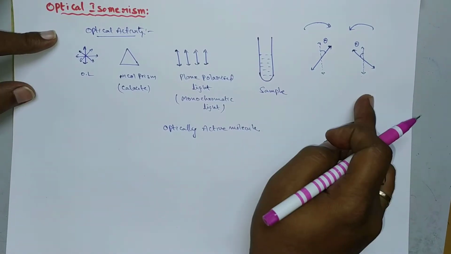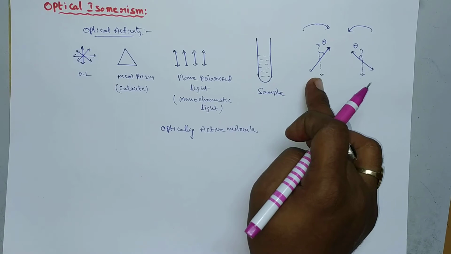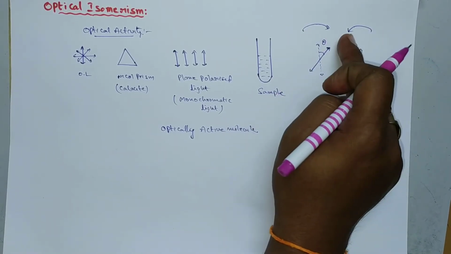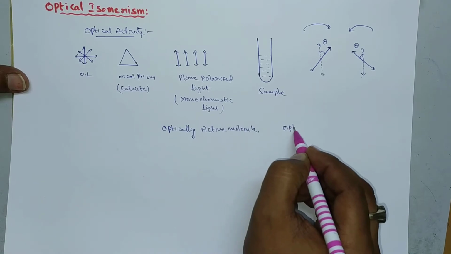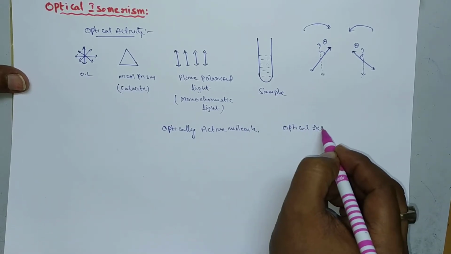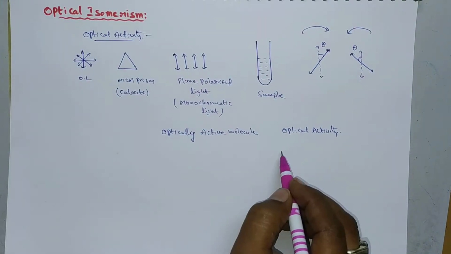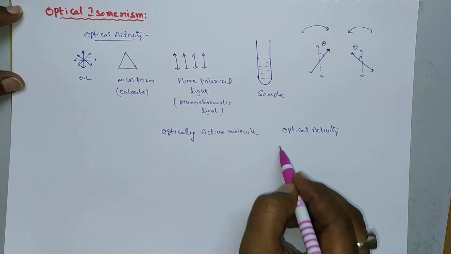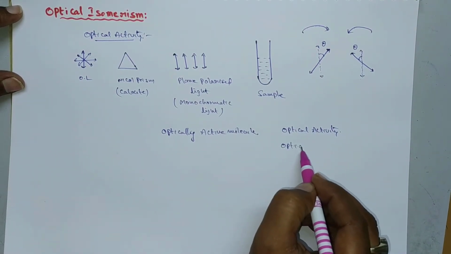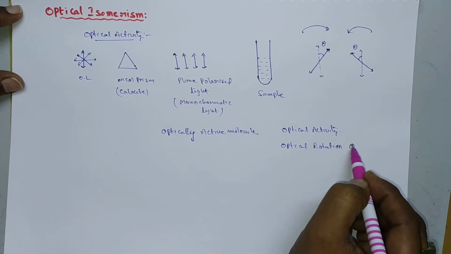This phenomenon of rotation of plane polarized light clockwise or anti-clockwise is called optical activity. The angle through which the rotation takes place is called optical rotation, represented by theta.